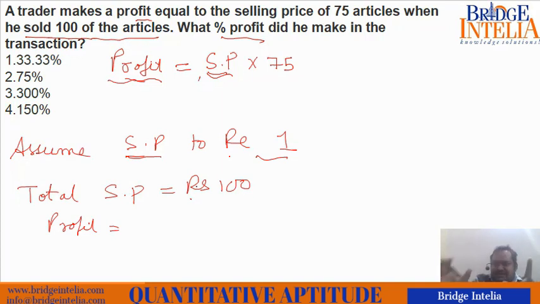This 100 rupees that he has got from his customers also includes profit. Profit is said to be equal to selling price of 75 articles. We have assumed selling price of one article to be rupees 1. So profit is equal to rupees 75. So you get 100 rupees from your customers, and that 100 rupees contains 75 rupees of profit.